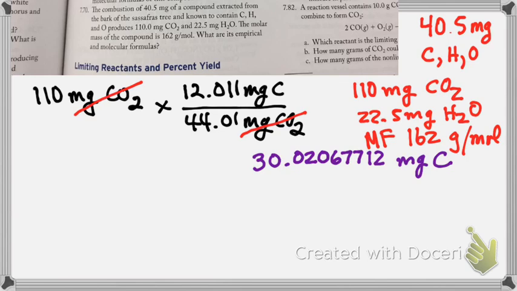So now we're going to apply this to hydrogen. I have 22.5 milligrams of H2O. I know the mass of hydrogen is 1.0079. I have two of those.